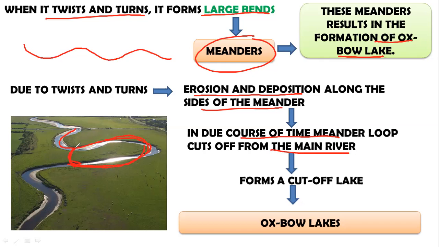See, the deposition occurs on this side, due to which now there is no supply of water in this loop, and river changes its path and it starts flowing straight away. So since there is no supply of water in this lake now, and it has been separated from the main stream, it becomes an oxbow lake.